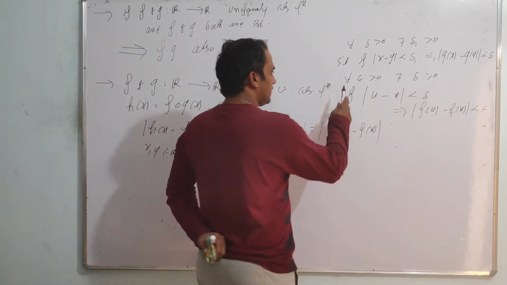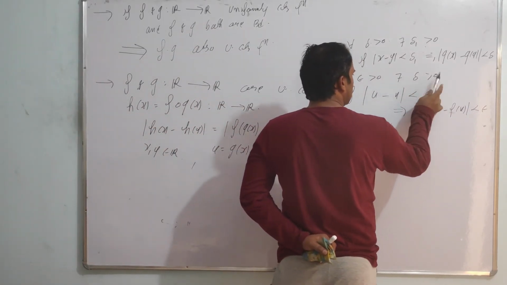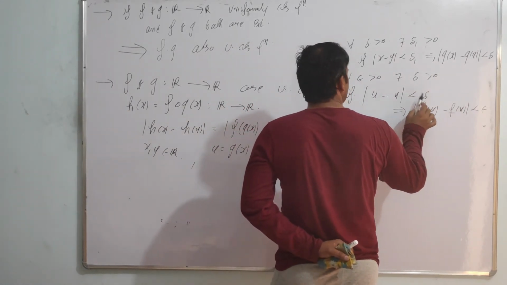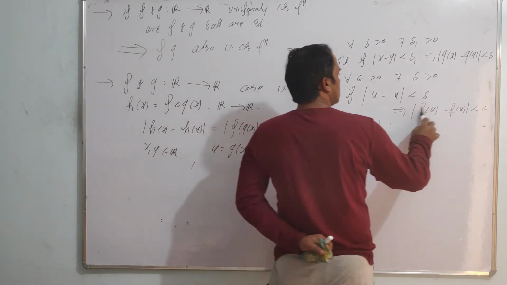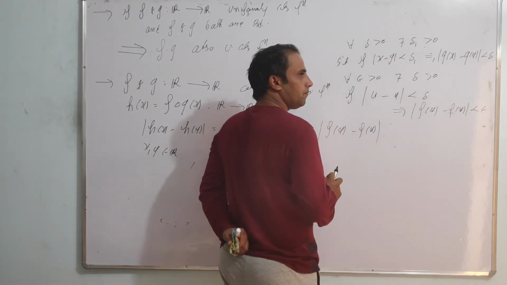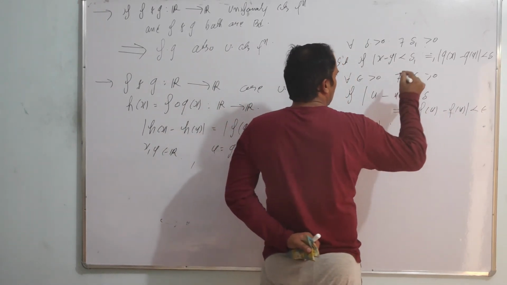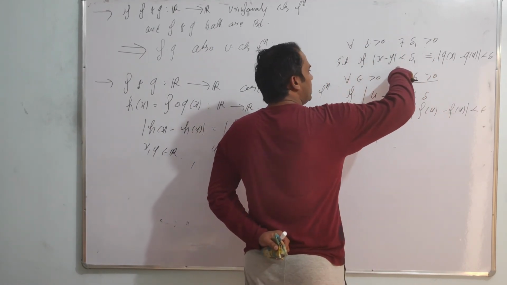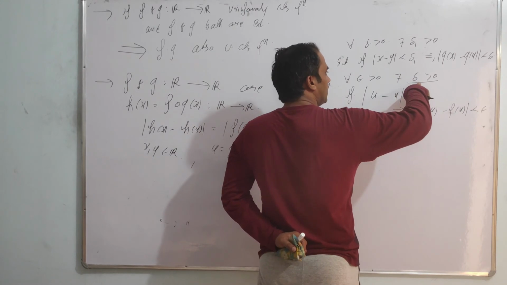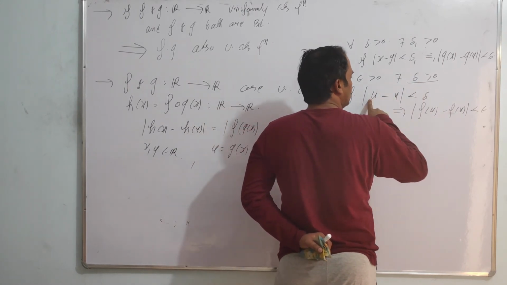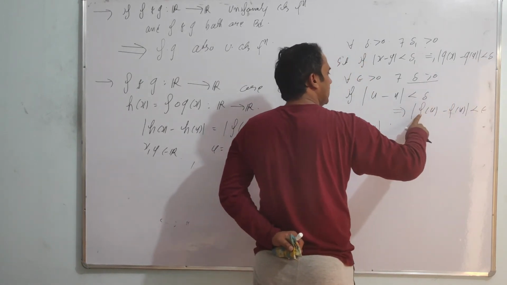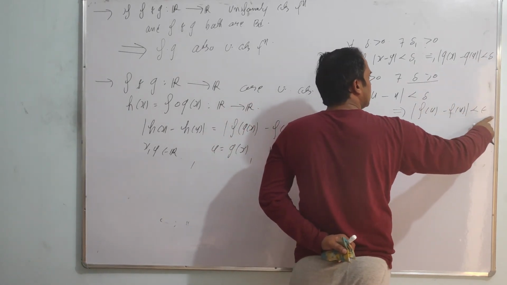Now if we pick this delta, since this property holds for every delta and this is a particular delta, whenever |u - v|, that is |g(x) - g(y)|, is less than delta, obviously |f(u) - f(v)| is less than epsilon.